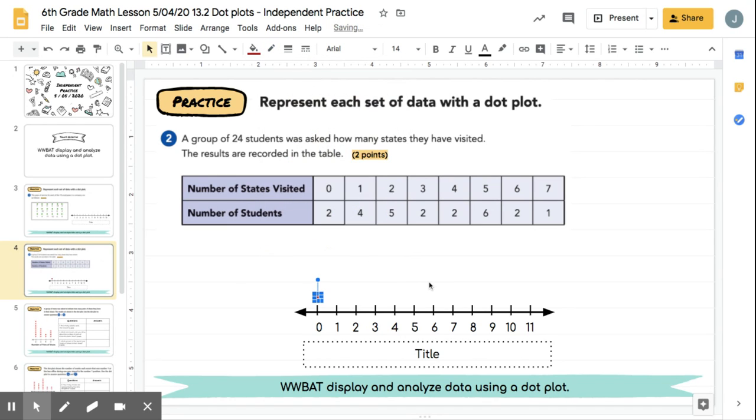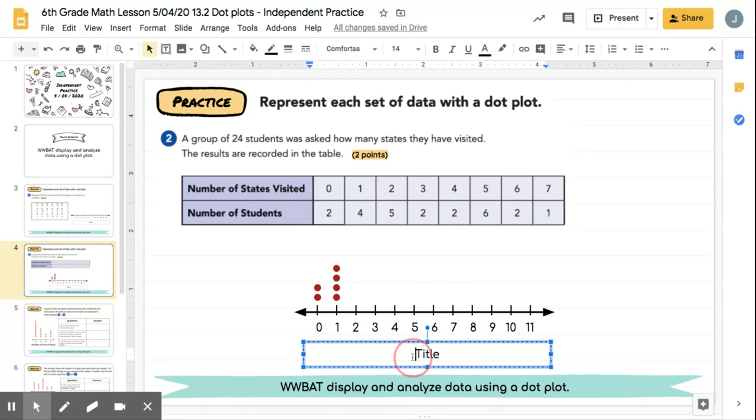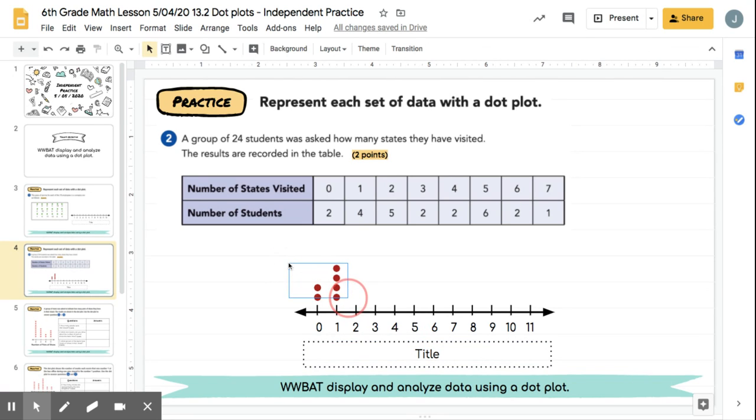And you can copy and paste that dot because you need 2 dots on top of 0. And then 4 people have visited 1 state, so you're going to have to place 4 dots on top of 1. And you're going to do the same until you reach 7, and just like before, you're going to change the name of the title. This question is also 2 points.